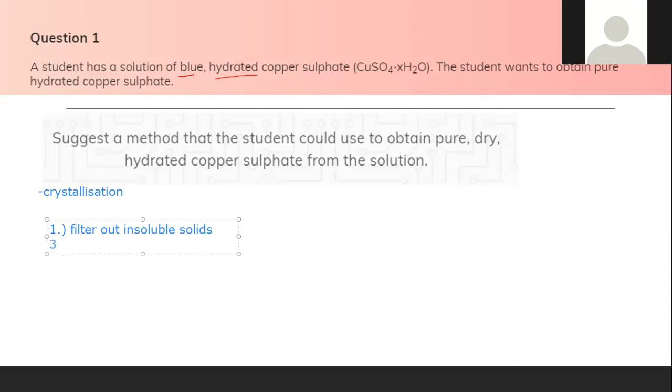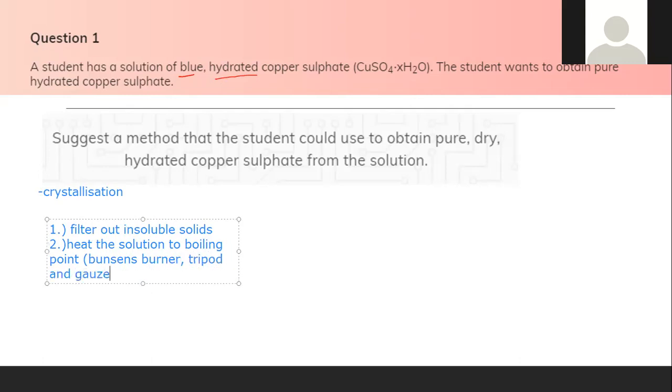Then step 2, we are going to heat the solution to boiling point. And this is where it'd be good to mention equipment again. So we're going to heat using a Bunsen burner and have everything on a tripod and gauze.